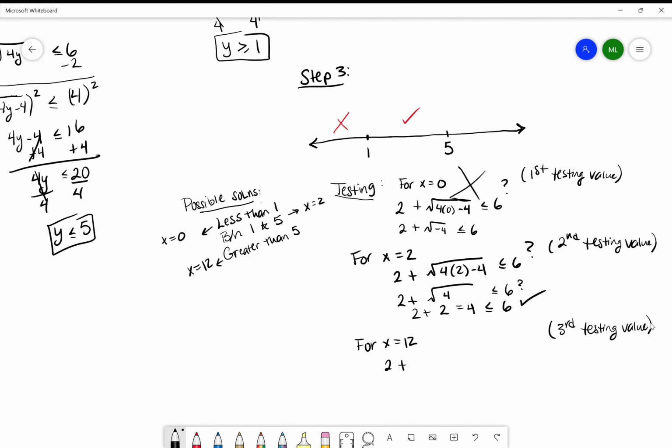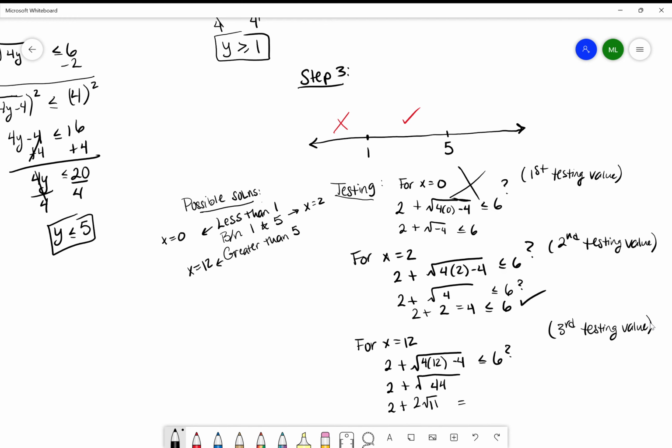We get 2 plus the square root of 4 times 12 minus 4. Is that less than or equal to 6? So 12 times 4 is 48, 48 minus 4 is 44, and I get 2 plus 2 root 11.